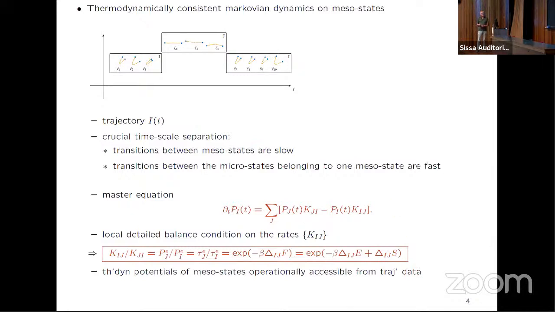The key point is that, as I have just shown you, the rates can be measured experimentally from such time traces, and the ratio of these rates also defines the free energy difference of any 2 of these mesostates. By doing this at a different temperature, you can also experimentally get the internal energy and the intrinsic entropy of each of these states. So my main point here is that these quantities are operationally accessible in such experiments.